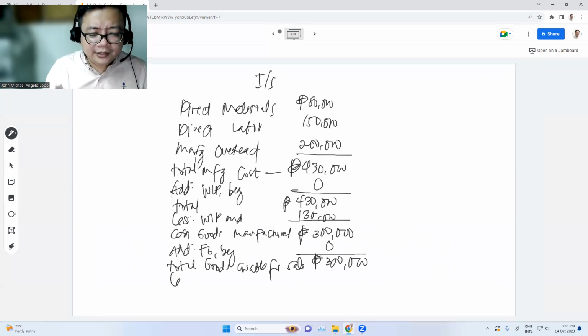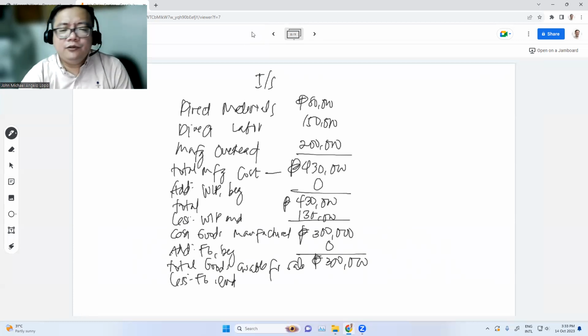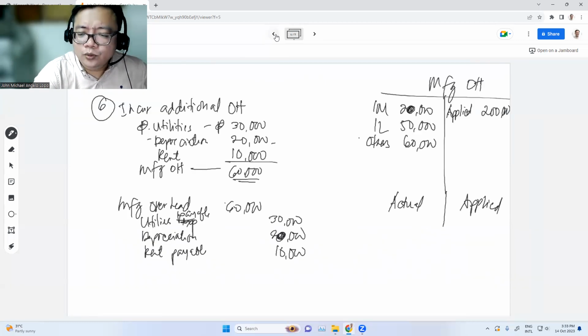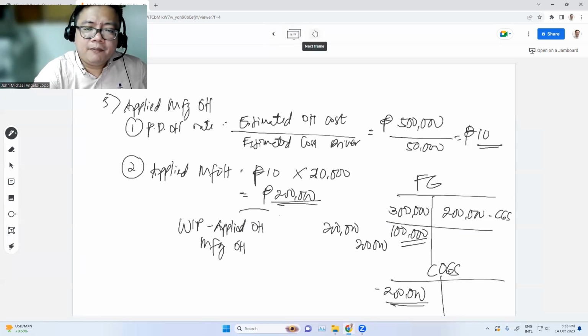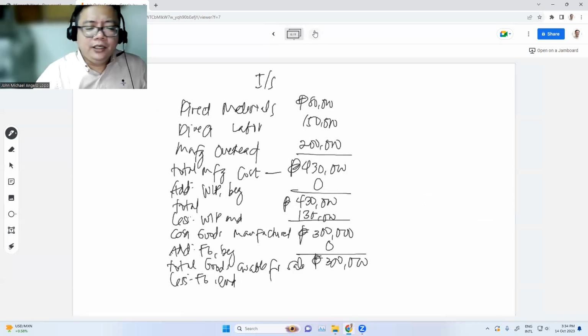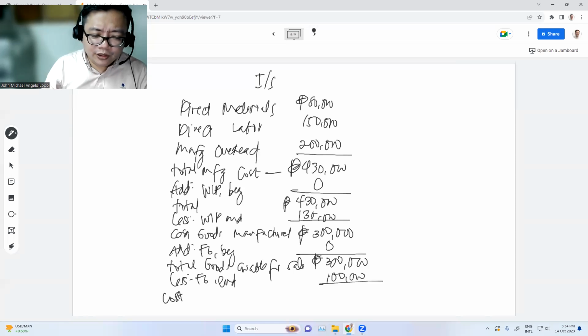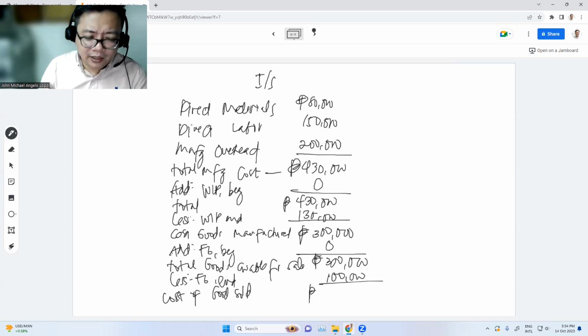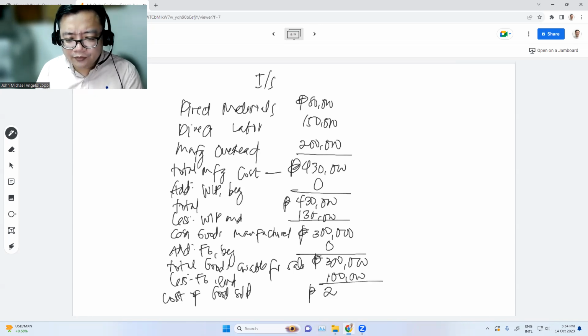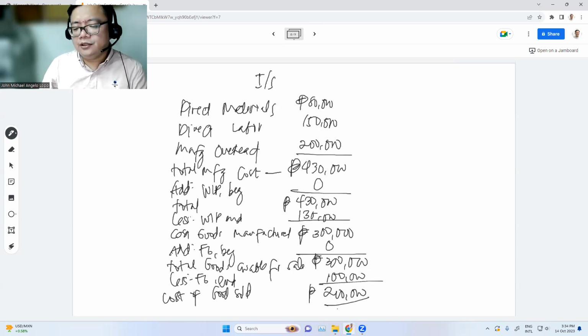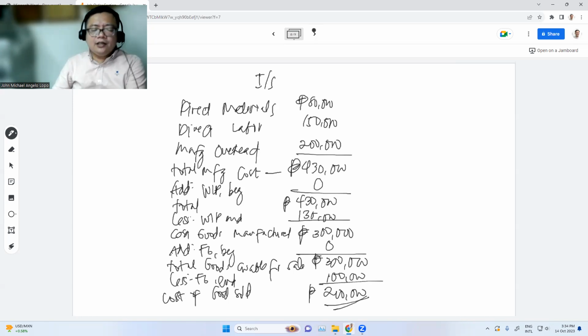Then, less our finished goods ending. Magkano class yung finished goods ending? I think 100,000. So magkano ba ang ating cost of goods sold? 3 minus 1, you have 200,000.